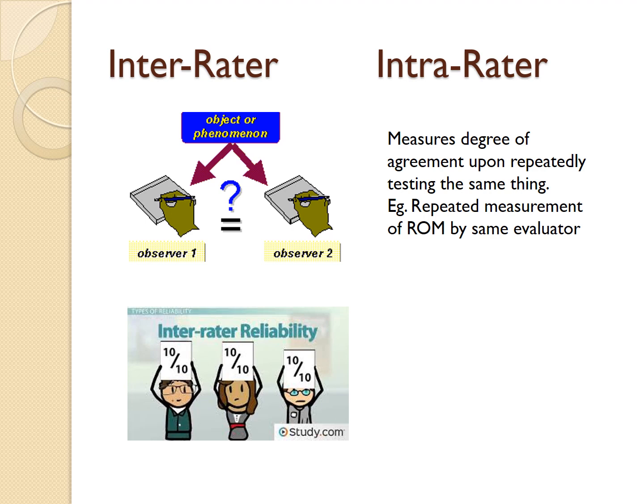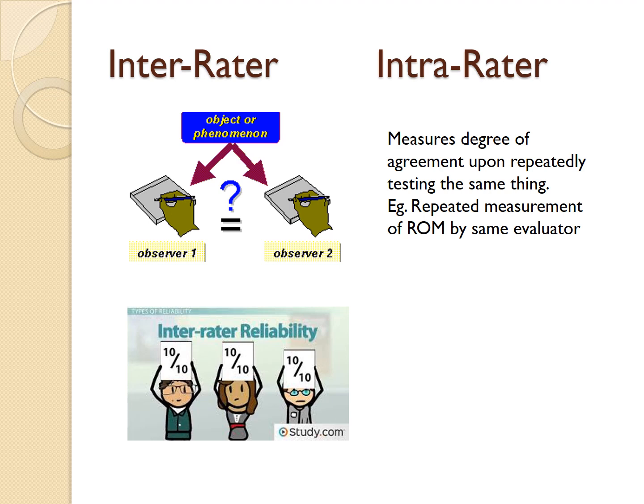Now let's say three of you are listening to my lecture, and you three are going to rate my presentation. One person rates it 5, another person rates it, let's say, 8, and the third person rates it 10 out of 10. So can you see there's a variation in how the three of you are rating me?